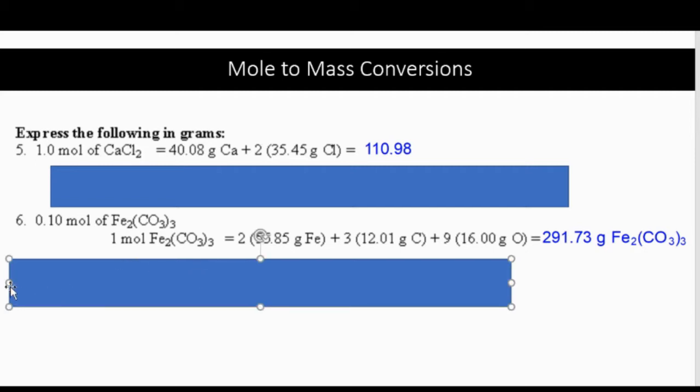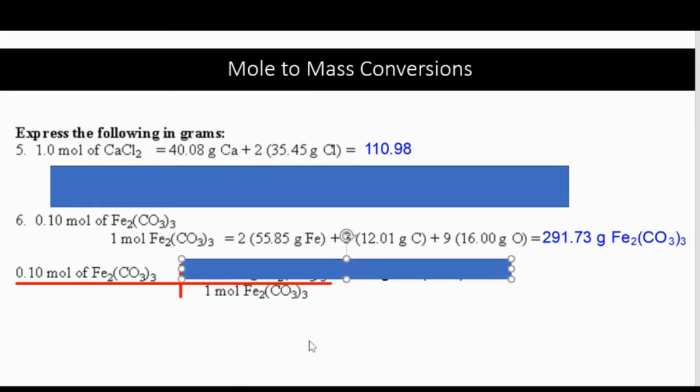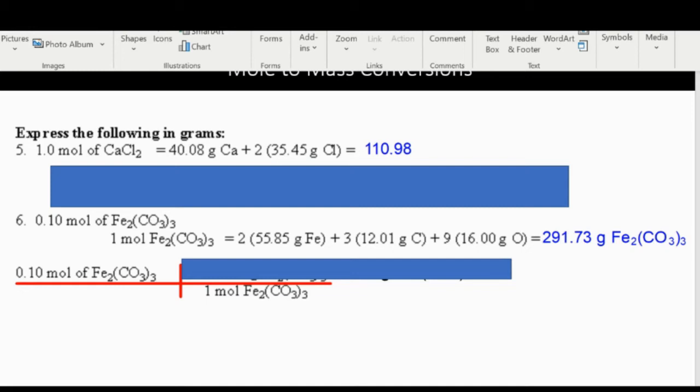So I like to use dimensional analysis, where I write down the given, and the given was 0.10 moles of iron carbonate. And then I write a ratio, and on the bottom of the ratio, I need to have moles. Why do I want to have moles on the bottom? We are multiplying, people. We are multiplying.